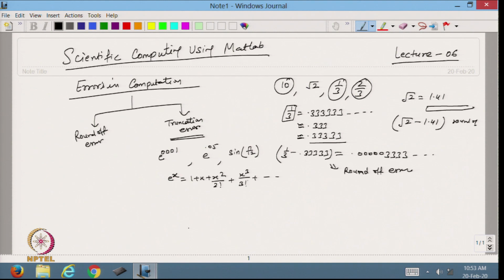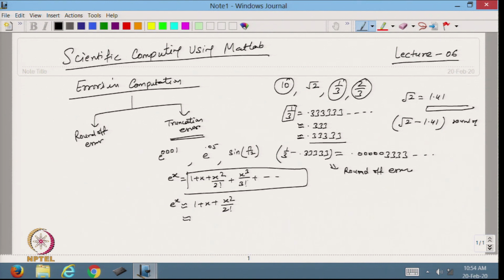In this case, on the right hand side there is an infinite series, and of course I cannot use an infinite number of terms to find the value. In the computation we have to truncate this series. So suppose I approximate this function as 1 plus x plus x square by 2 factorial.